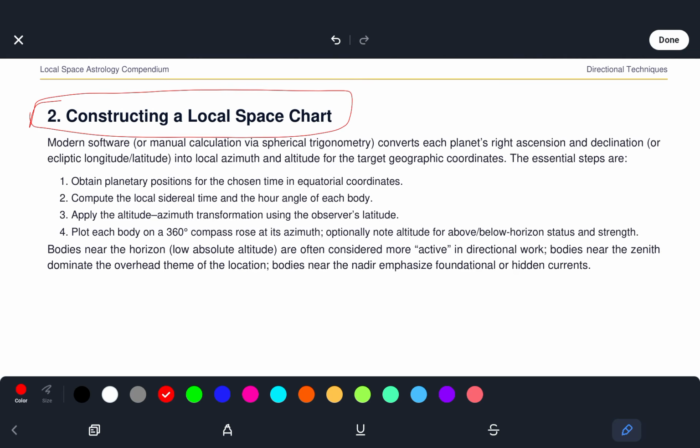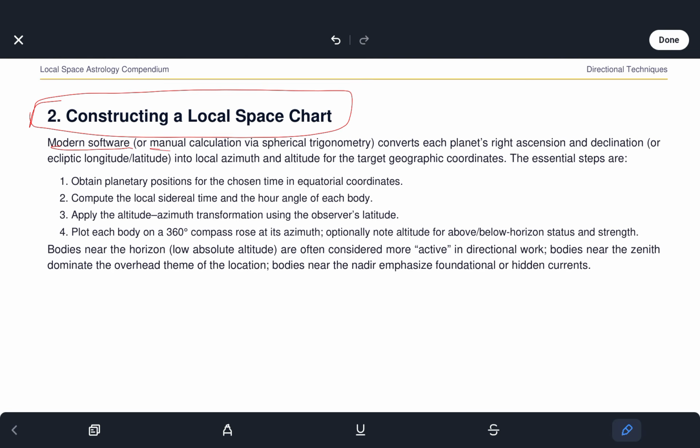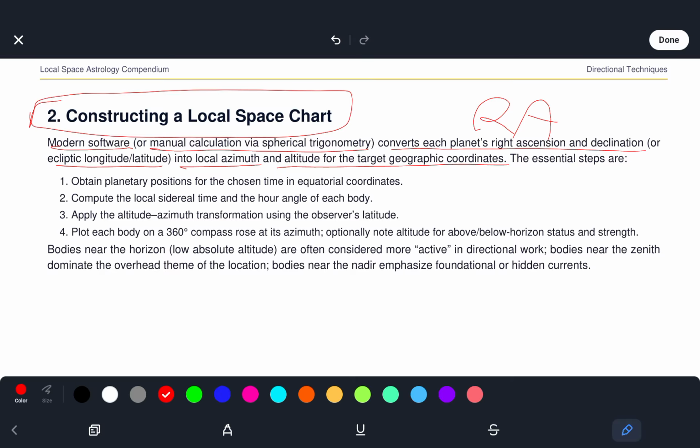But anyways, constructing an LSC: modern software or manual calculation via spherical trigonometry converts each planet's right ascension, RA, and declination, or ecliptic longitude and latitude, into local azimuth and altitude for the target geographic coordinates.